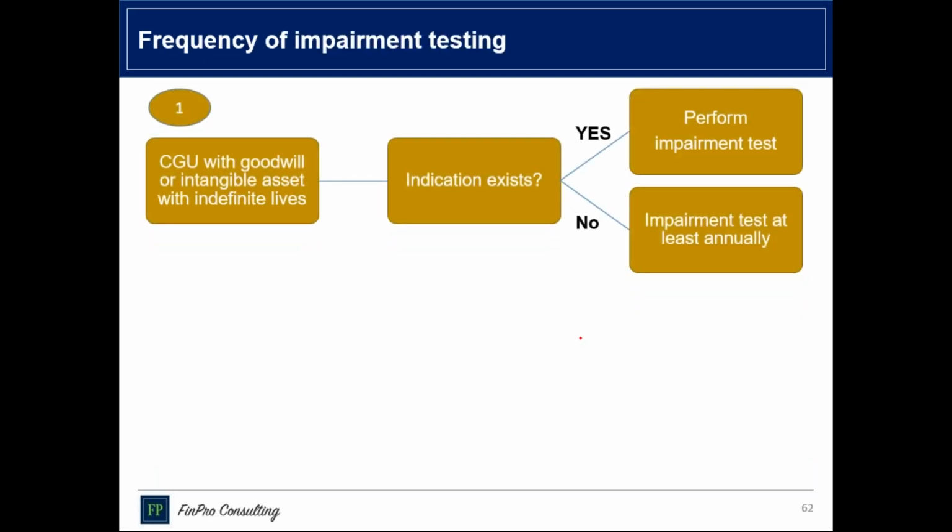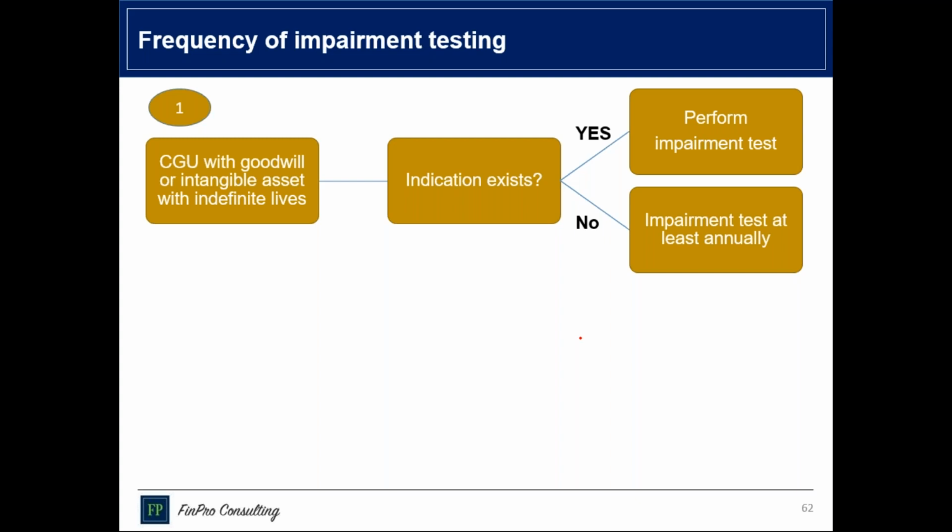Now, what is the frequency of impairment testing? Generally, when you have identified a cash generating unit which has goodwill or intangible assets with indefinite useful lives, if an indication exists, you have to immediately perform the impairment test. If there is no indication, you have to carry out the impairment test at least on an annual basis.